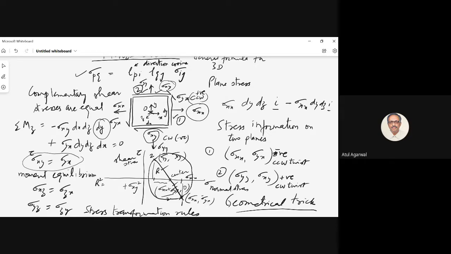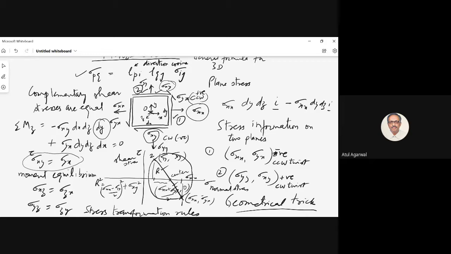Can you see this? Yes, sir. So (sigma xx minus sigma yy by 2) squared plus sigma xy squared becomes your radius squared. Is it all right? Kevalish? Yes, sir. It is a diagonal, it is Pythagoras theorem.